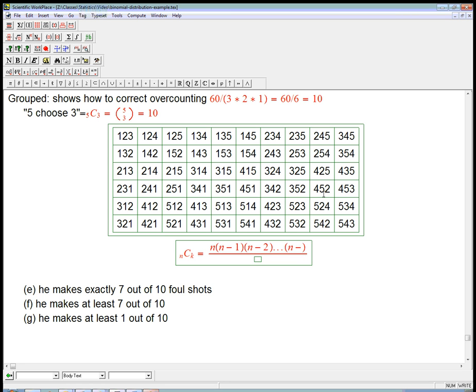The simple way to remember it is I just put k numbers up here, because I'm picking k things. This was with order. It turns out to be n minus k plus 1. But you can just remember it as I'm writing down k things here.